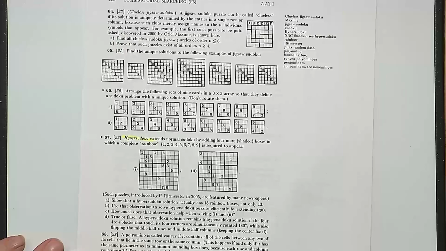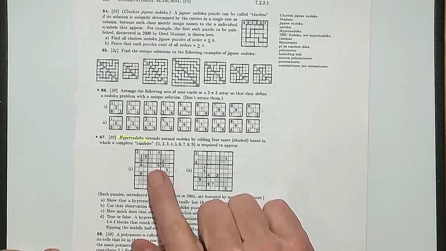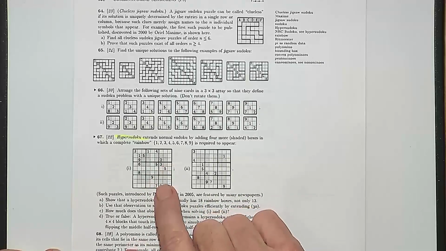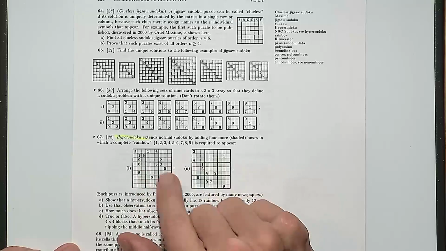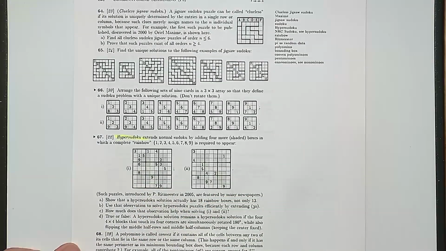On page 128, some of you might know that the Sudoku puzzles in the New York Times have an extra feature: they give you four extra 3 by 3 boxes, and those are supposed to become perfect 1, 2, 3, 4, 5, 6, 7, 8, 9 as well.